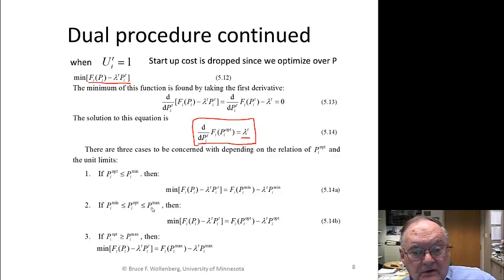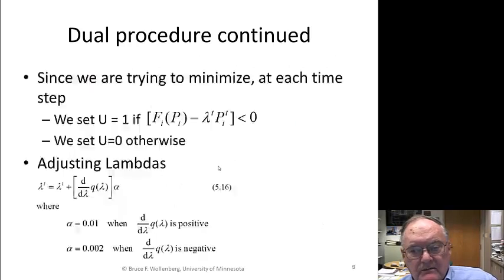If it's within the min and max, it comes out to what I call p optimum, and if it comes out greater than p max, we force it to the max. So there are 3 different values for this min depending on where this came out. If the lambda is a real high value, much too high, the unit will end up at the max. If it's way low, it'll end up at the min. If it comes out properly in between, then the unit will come out at a value in the middle.